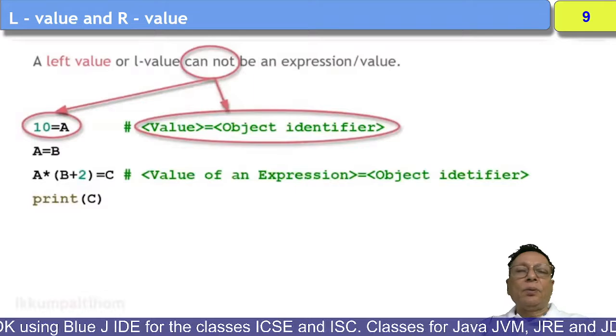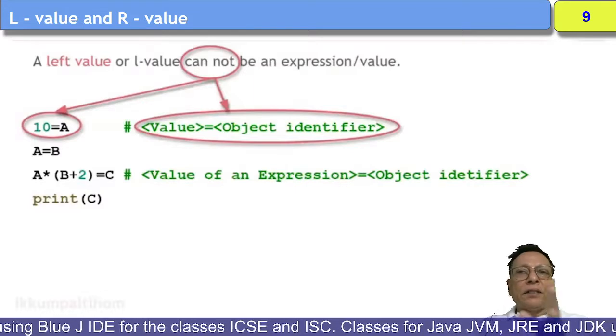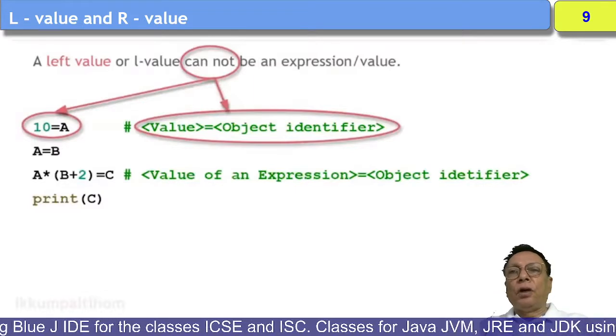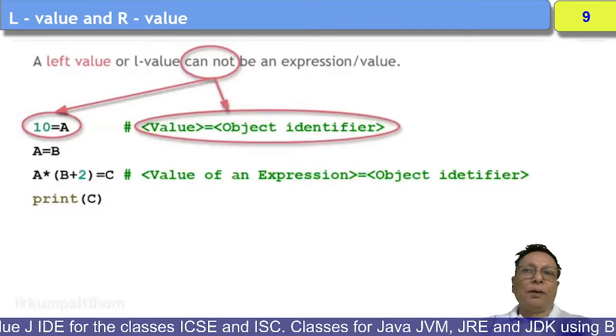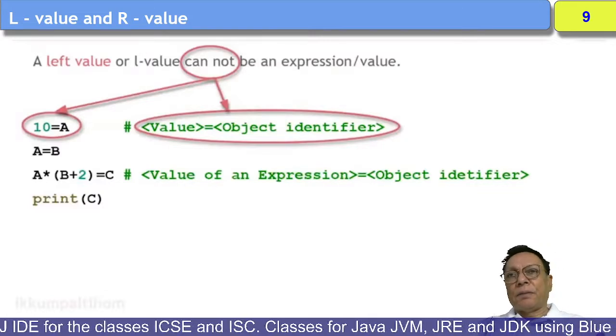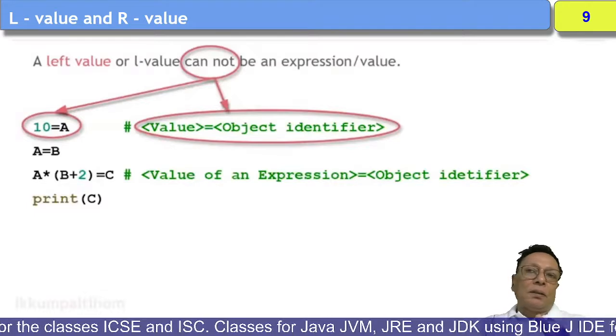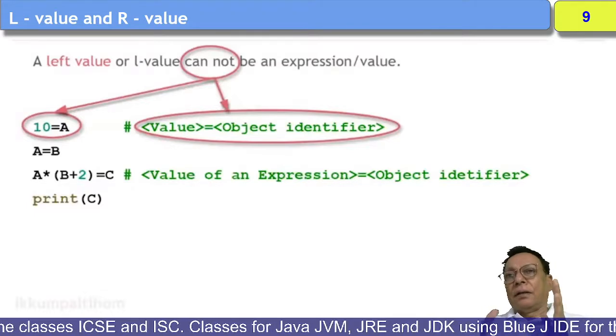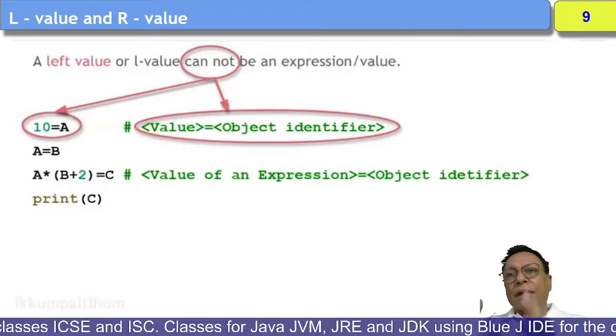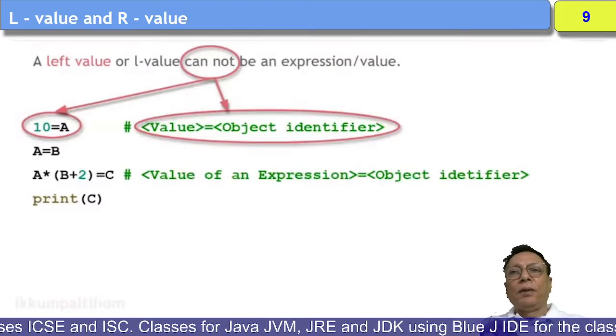So L value cannot be an expression. L value cannot be a constant. So this is how we can understand the tokens and the significance of L value and R value.